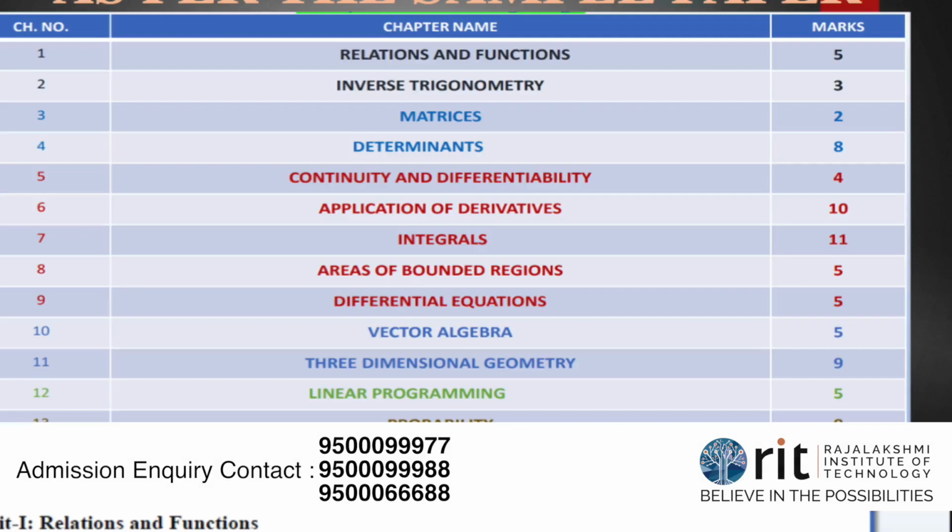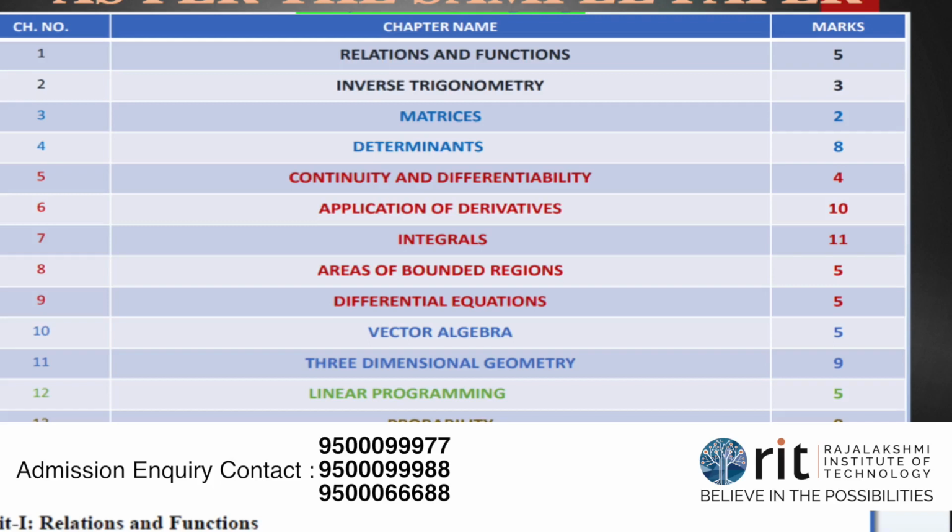Okay. So, relation and function, the first chapter contains 5 marks. First 2 chapters. Inverse trigonometry, 3 marks. Second chapter. The third chapter, matrix, and determinant is of 8 marks.